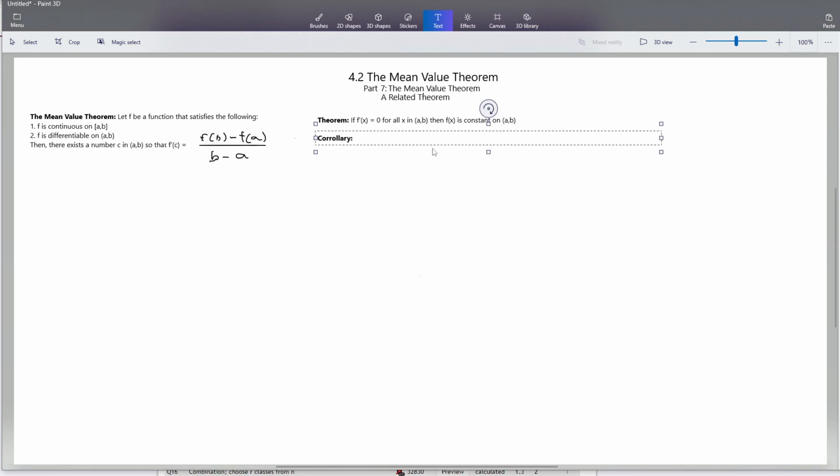Okay, if f prime of x equals g prime of x for all x in an open interval a, b, then f minus g of x is a constant.